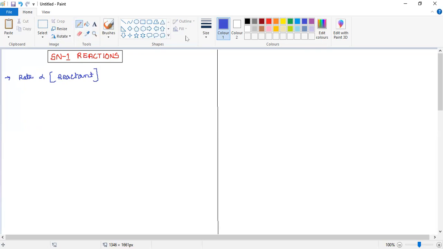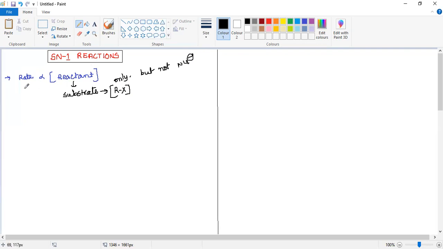Here the reactant can also be called the substrate, and the substrate we always take is an alkyl halide. So the rate of the reaction is directly proportional to the alkyl halide only, but not the nucleophile. If the nucleophile were also involved in forming the product, then obviously it would be SN2.